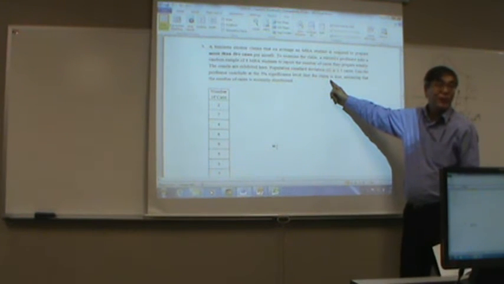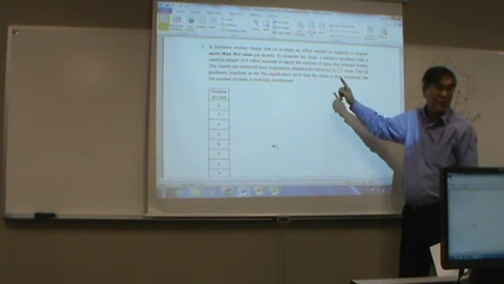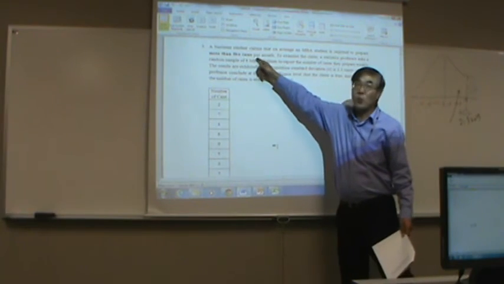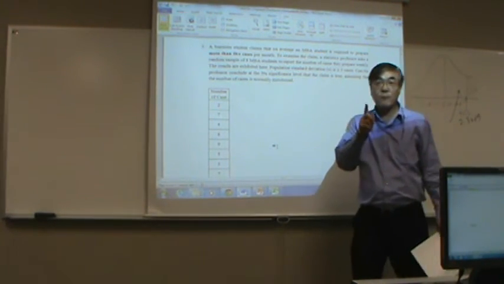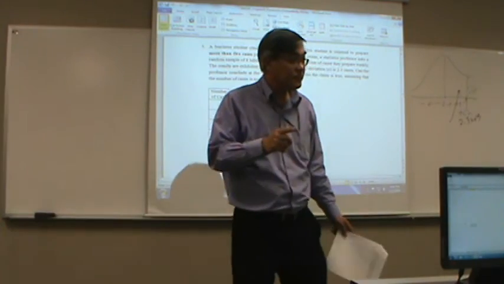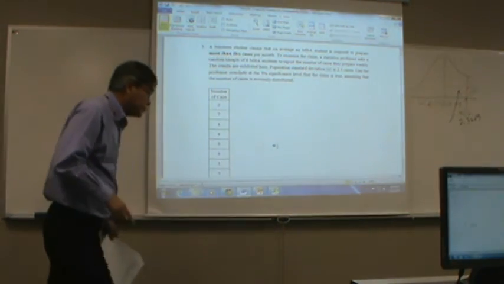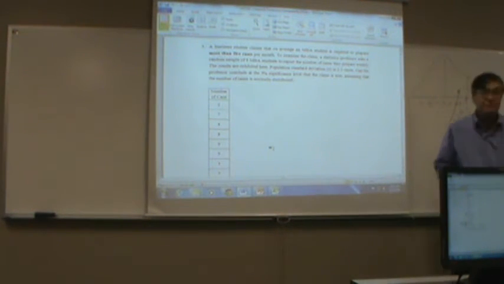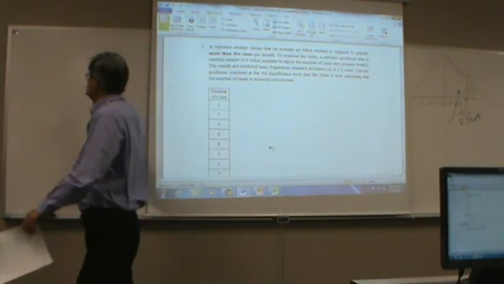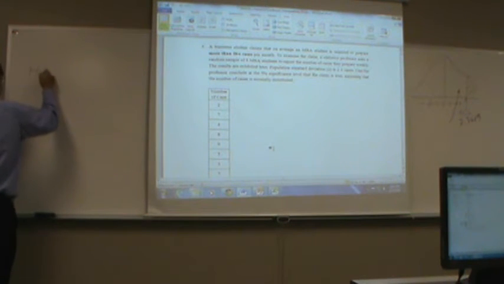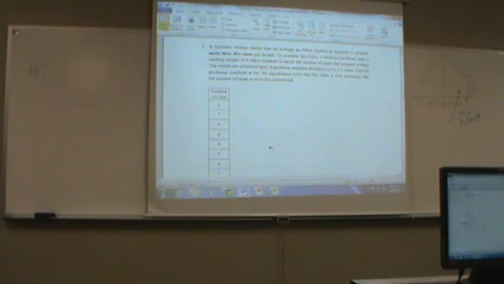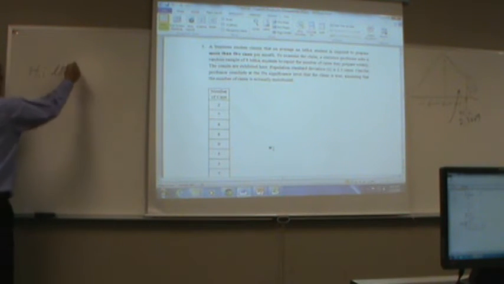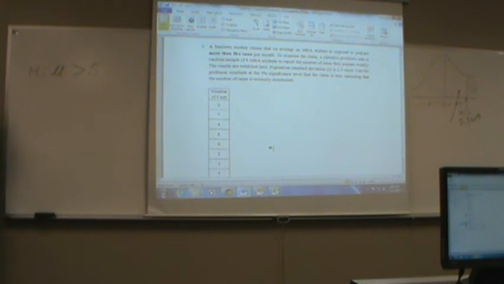Looks like a two-tailed test, but the claim is more than 5. So more than 5, one tail, right? H1 first. H1 is more than 5.